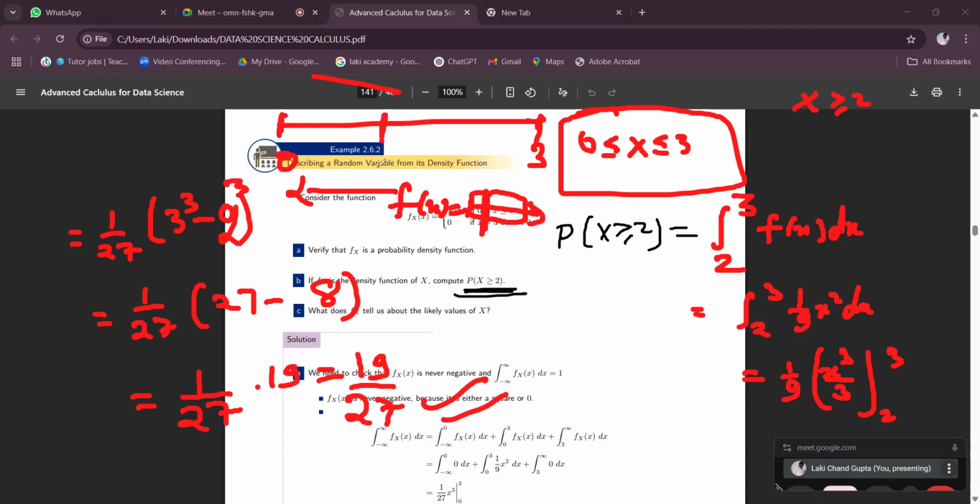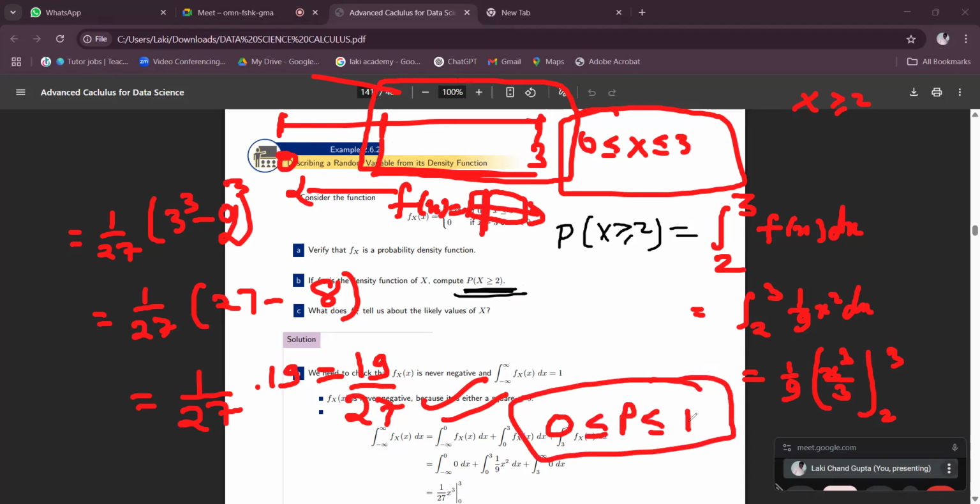But since you are finding only a part, it is always less than 1. That makes sense, because you know probability lies between 0 and 1. The maximum value will be 1 and the minimum value will be 0.